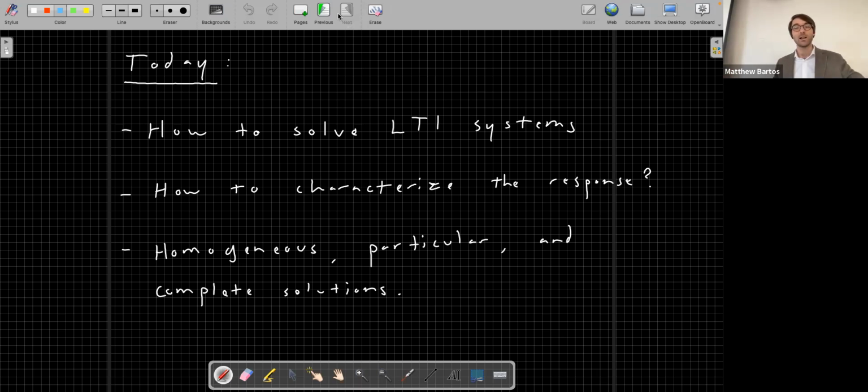I'm going to show you how to characterize the response of an LTI system. So we hinted at it last time, what the different responses will look like. Today, we're going to provide more detail on how you can characterize the response by looking at the terms of the characteristic equation. In particular, I talked about last time how the roots of that characteristic equation determine the response.